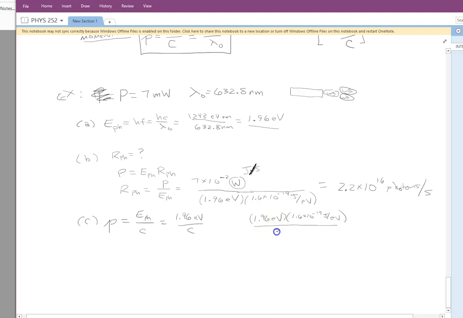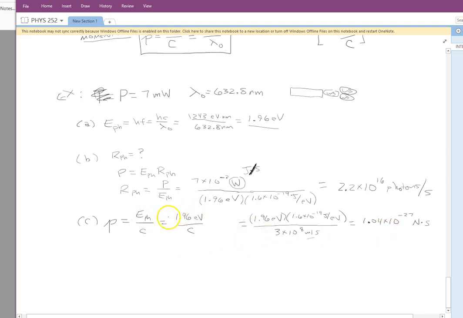So put in the value of c using SI units, 3 times 10 to the 8 meters per second. Now I'm going to have all SI units, so this is going to be kilogram meter per second or Newton seconds. And that gives you around 1.04 times 10 to the minus 27 kilogram meters per second or Newton times second.